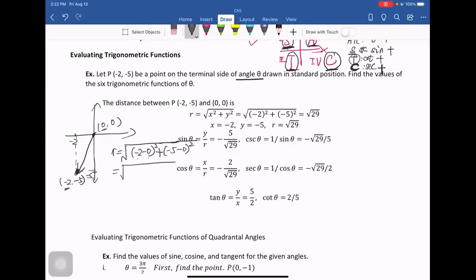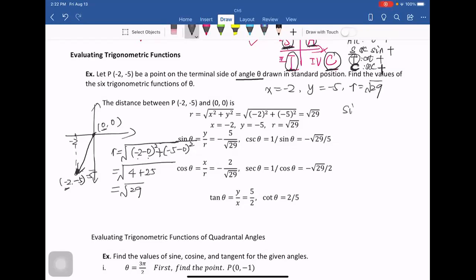That's 4 plus 25, which is the square root of 29. Right now we know the R, and we also know x equals -2, y equals -5, R equals square root of 29.